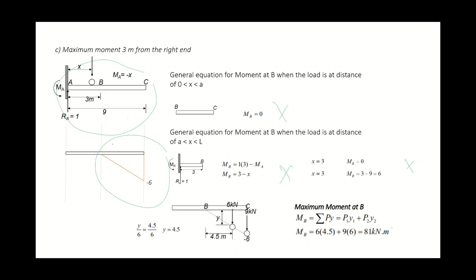And then, titingnan lang natin yung beam, tapos madodraw na natin yung influence diagram based sa definition ng reaction, shear, and moment. Okay, so that will be for another lecture. Okay, so that would be all for this lecture.